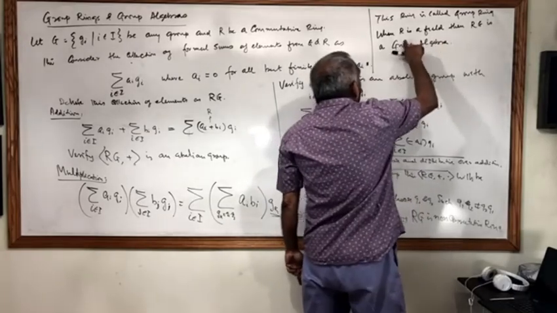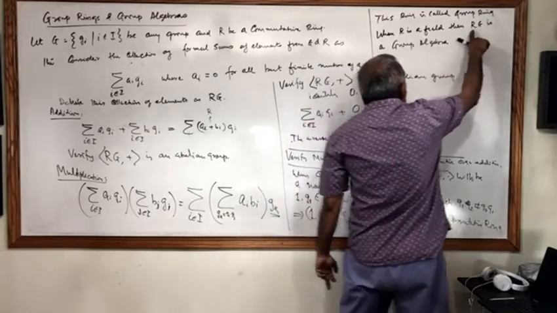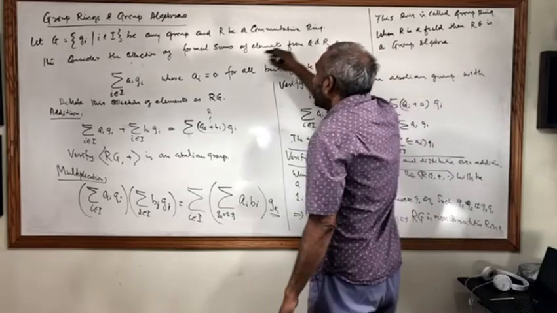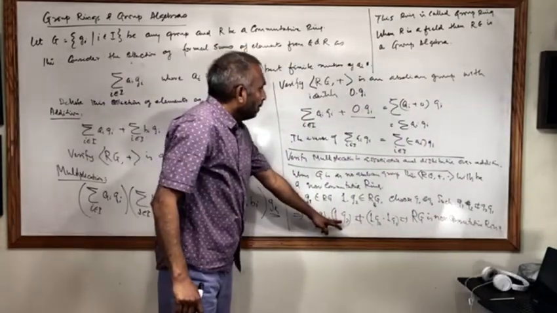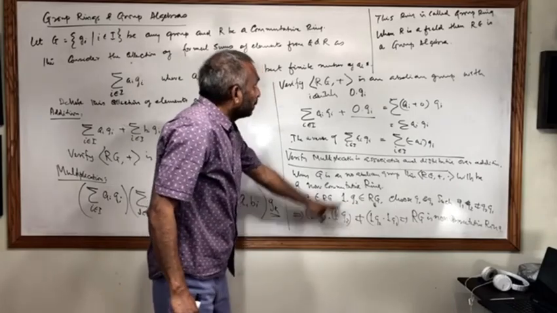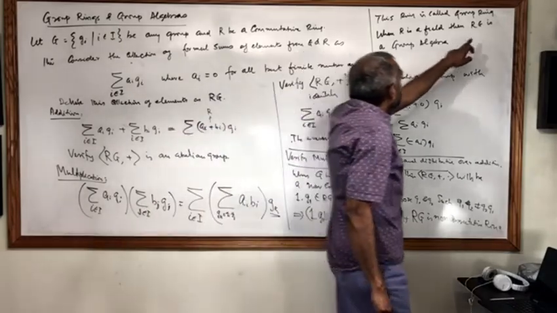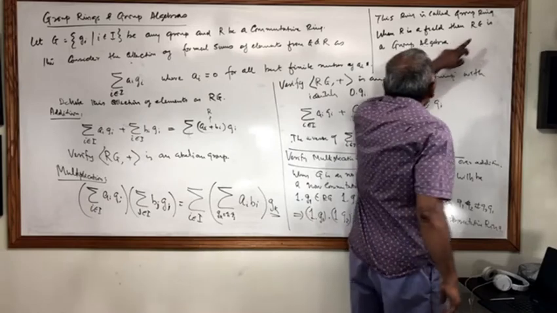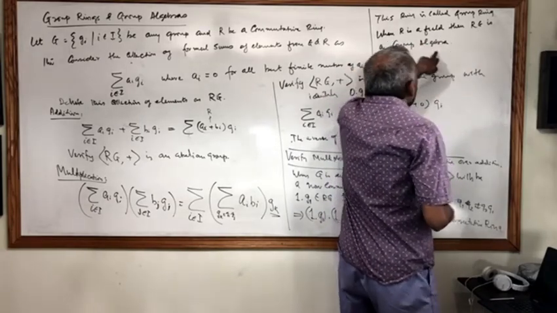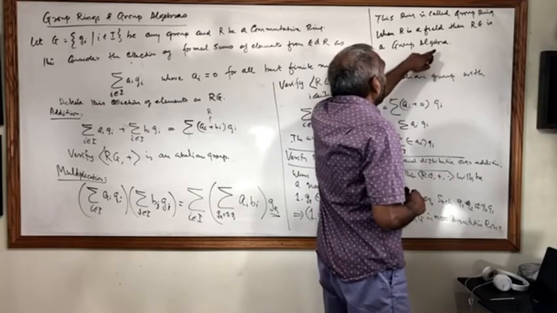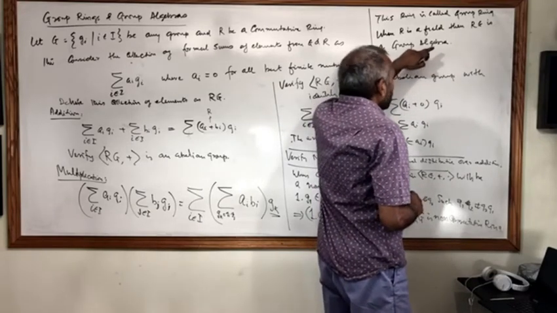Even if R is a field, RG could be a non-commutative ring because of this fact: if you take G to be a non-abelian group, then RG is always a non-commutative ring.